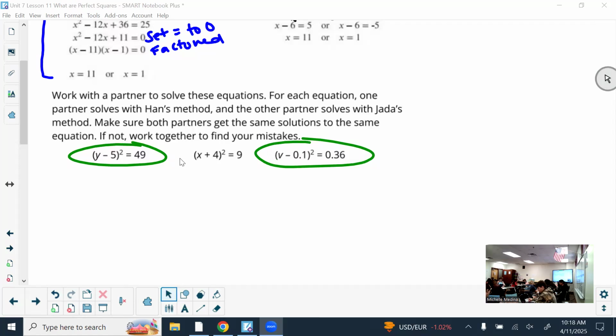Table 3, what would the first step be in solving the first one? Square rooting, because unlike other ones that we've had to solve, there's only one variable since it's written in the condensed form.